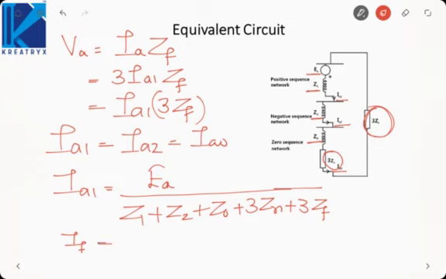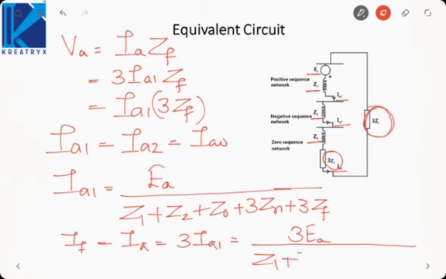Now fault current is equal to current of phase A, which is equal to 3 times IA1, which is equal to 3 EA upon Z1 plus Z2 plus Z0 plus 3ZN plus 3ZF. This will be the fault current going into the fault at phase A.